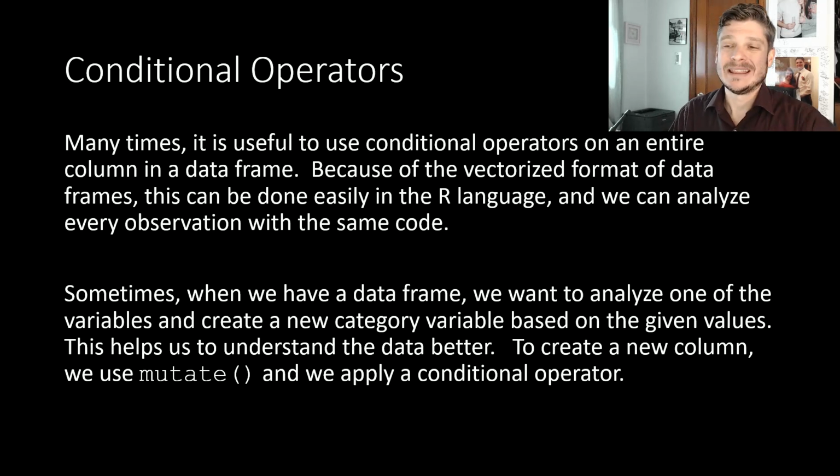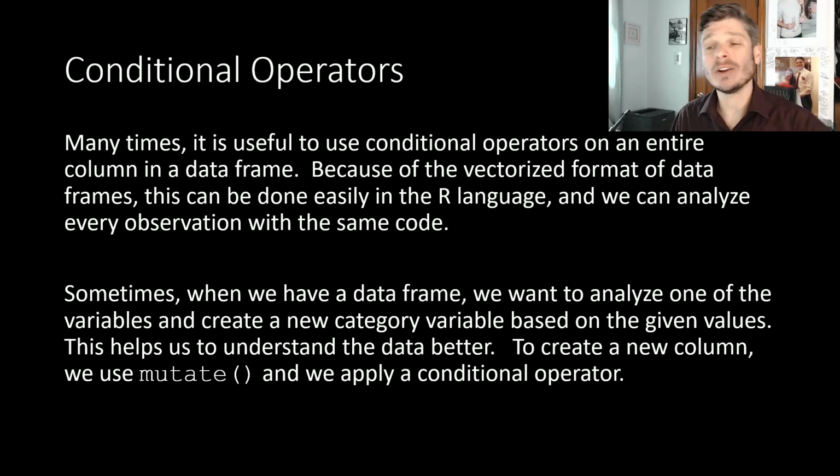So the idea is that we usually use these things when we have a data frame. We want to evaluate one of the variables and then give that particular observation some sort of value in a new column based upon our observations.